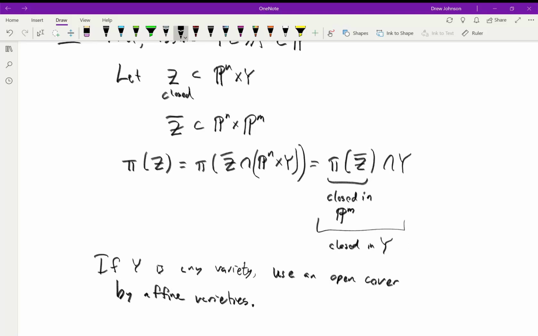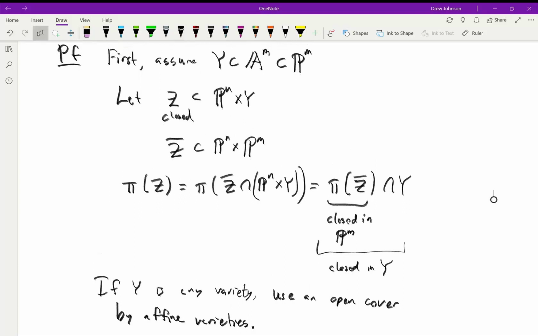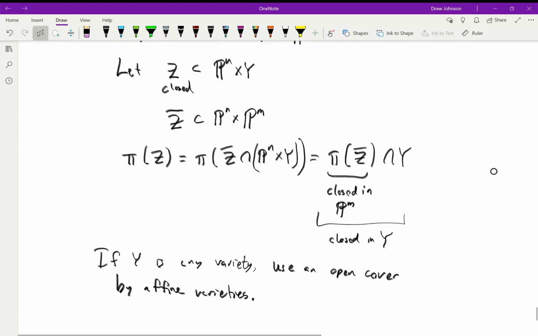All right, so I'm not going to write anything more. You can fill in the details if you want, but the idea is you take this open cover, and then you can check that if you take the closed subset and intersect it with each piece of this open cover, the projection will be closed, and then you put that all together and find out the whole thing is closed, right? Okay, so I'll let you fill that in if you want to.